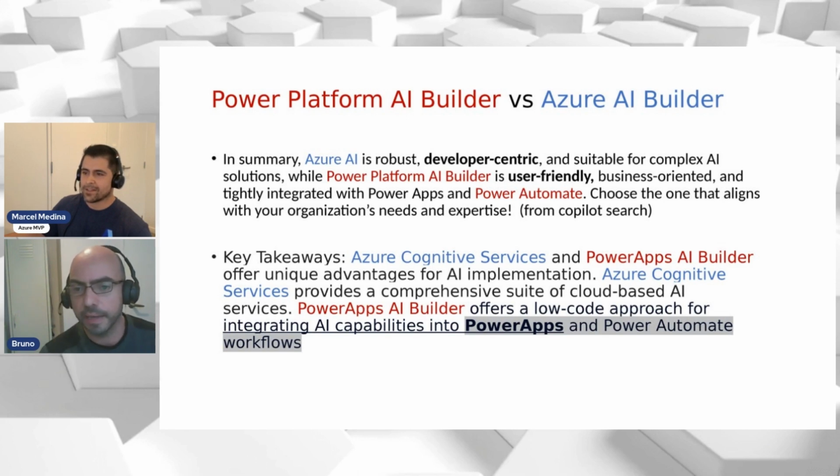You're gonna get this similar information. Power Platform's main feature is codeless, low code, and the AI is integrated with the other features of Power Platform, like Power Apps and Power Automate.